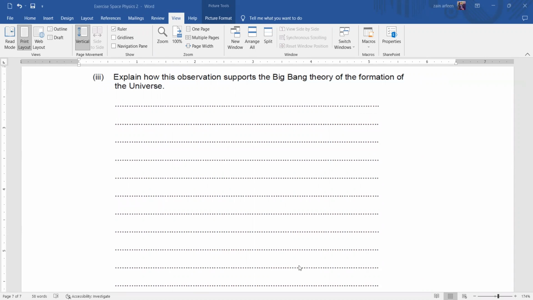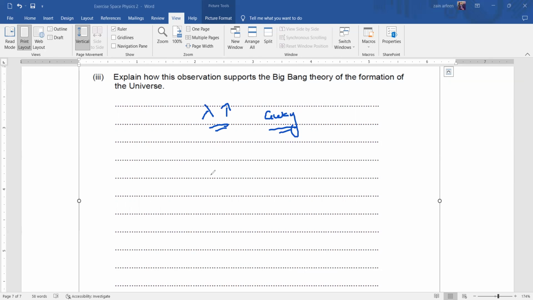It shows that the universe started from a point. It is worth 4 marks, so 2 points related to the wavelength change, and 2 points due to the cosmic microwave background radiation. So you will mention that the wavelength we receive from the galaxies which are further from us is longer. It means these galaxies are moving away from us.